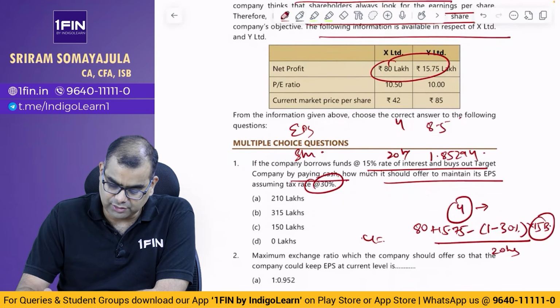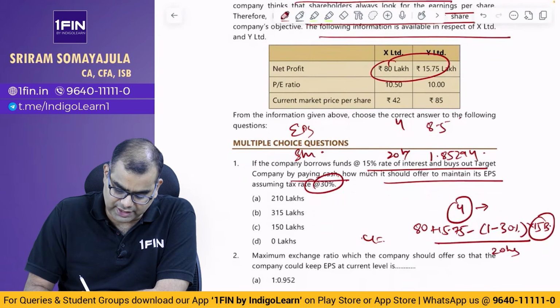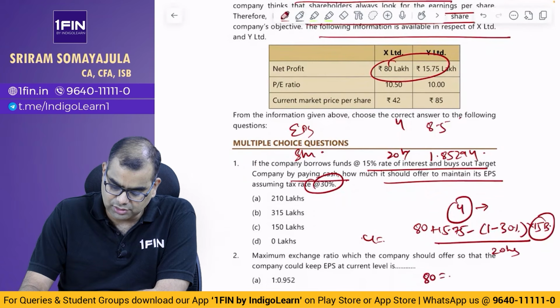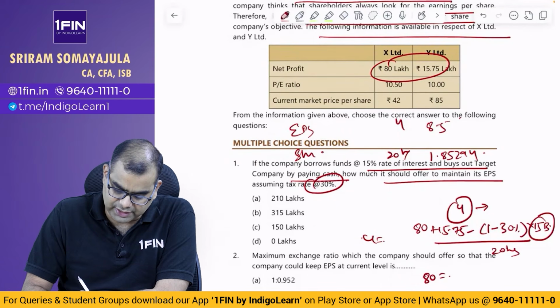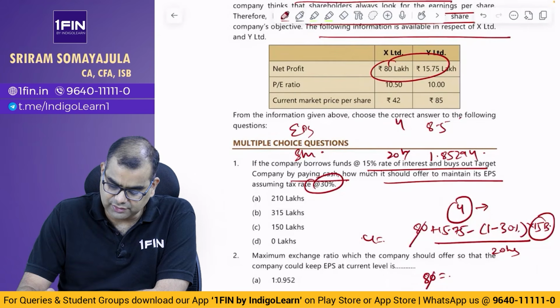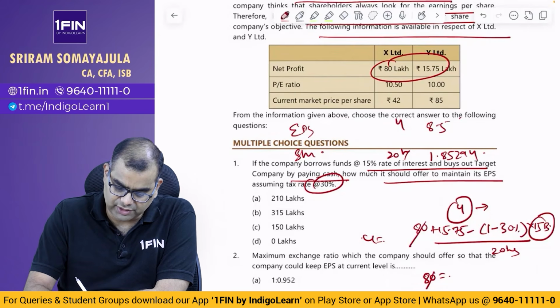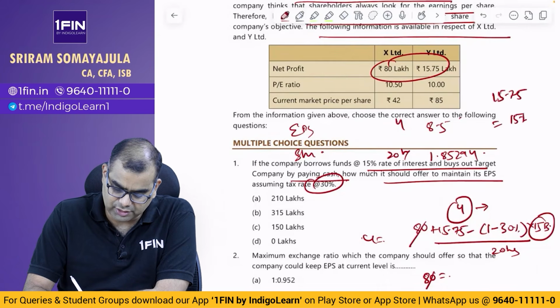So 20 lakhs into 4 is 80, is equal to, here 80 gets cancelled, so you get 15.75 is equal to 15% of borrowing into 70%.